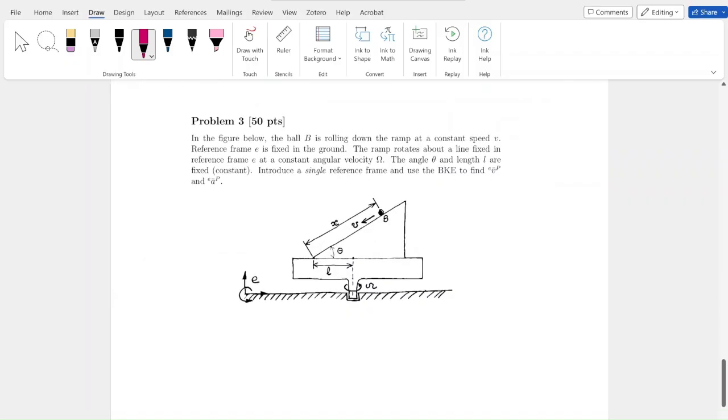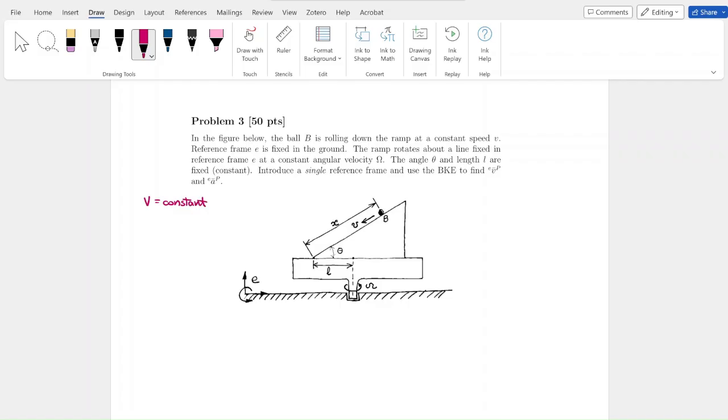Okay, problem 3. In the figure below, the ball B is rolling down the ramp at constant speed v. Reference frame E is fixed in the ground. The ramp rotates about a line fixed in E at constant angular velocity sigma. Let's write what we know so far. We know that v is constant.